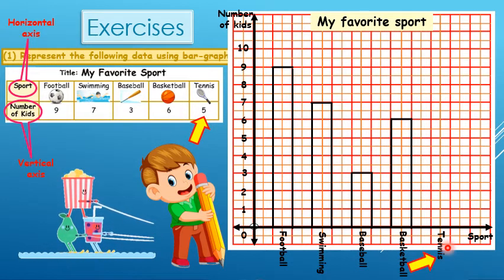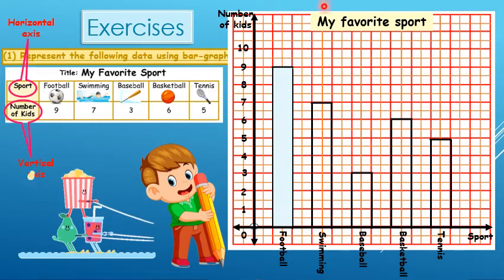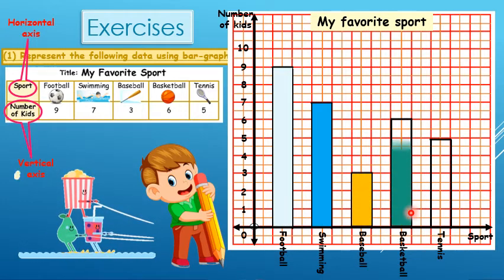Okay, then go to our grid. Put your finger here and go up until you reach 5. Put a mark here using your pencil, then using your ruler, draw this bar. After we finish drawing these bars, use your colors to color these bars like this. Your favorite color.